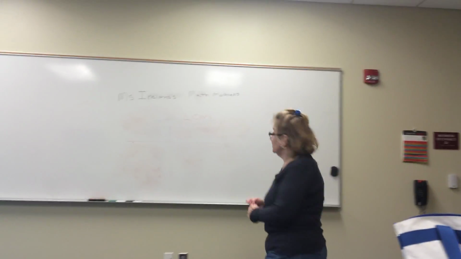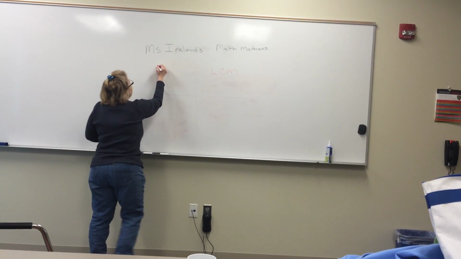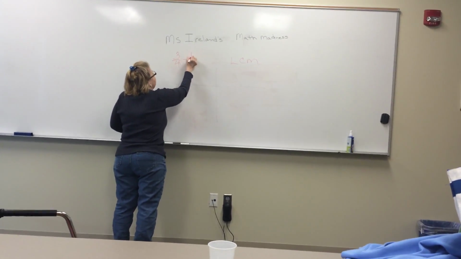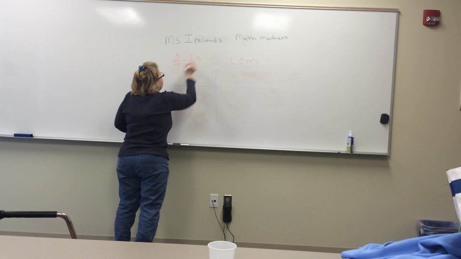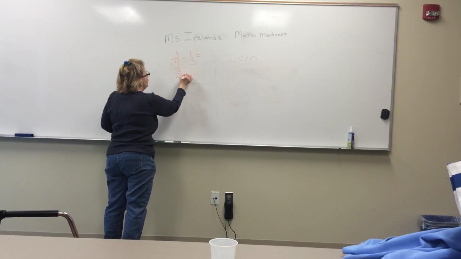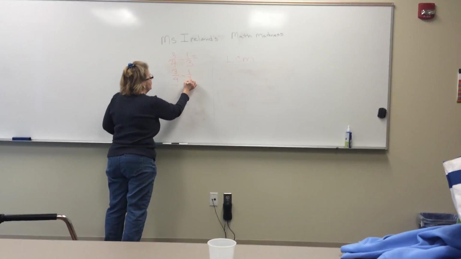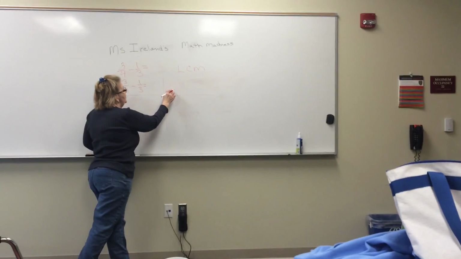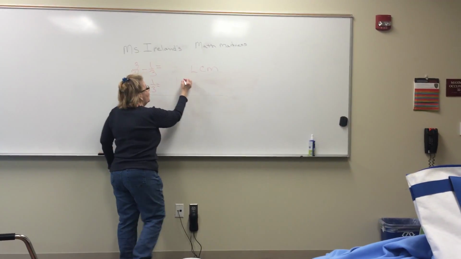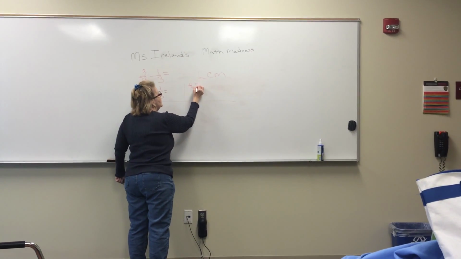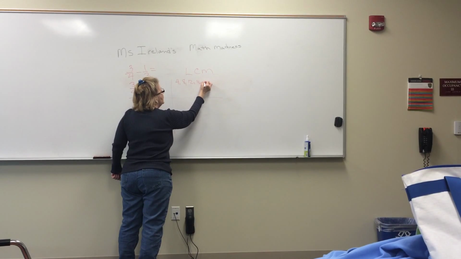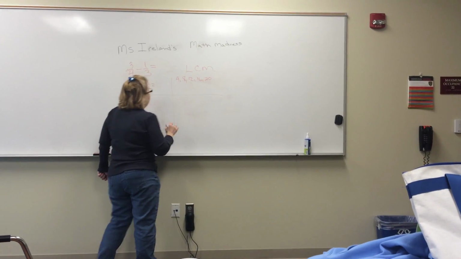All right, 3/4 minus 1/3. Okay, so we're going to rewrite our problem. 3/4 minus 1/3. Now we're going to come over here and we're going to do our least common multiples. What are the multiples of 4? Well, we have 4, 8, 12, 16, 20.